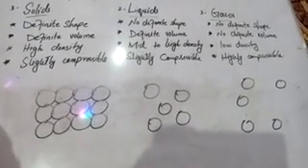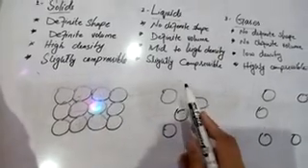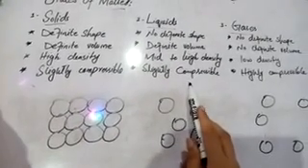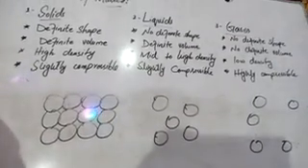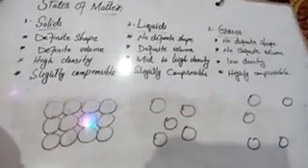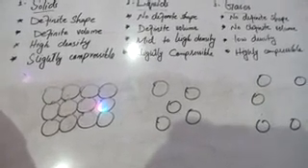Now let's talk about the next property of matter, which is compressibility. Solids are slightly compressible, and liquids are slightly compressible, but the gases are highly compressible. So we'll discuss the compressibility of solids, liquids and gases.